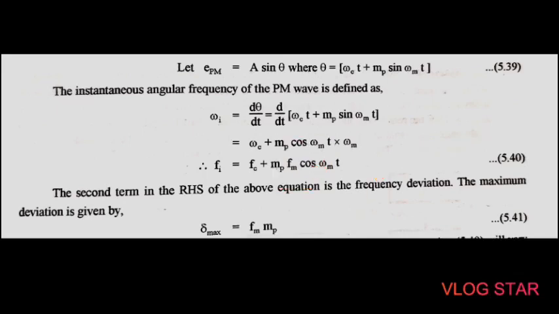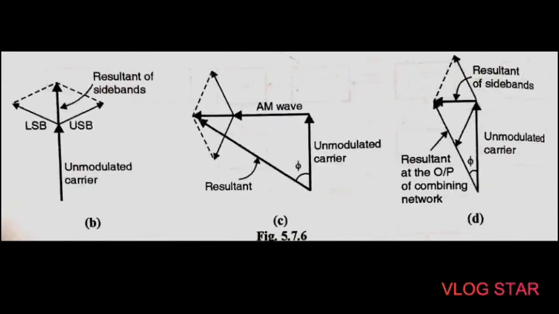Now let us see how to obtain the PM wave. To obtain the FM, we need to generate PM first. Consider the result of amplitude modulation as shown in this figure. It shows the resultant of the sidebands, this is the USB, that is the upper sideband, and this is the LSB, that is the lower sideband, and this is the resultant of these two sidebands.